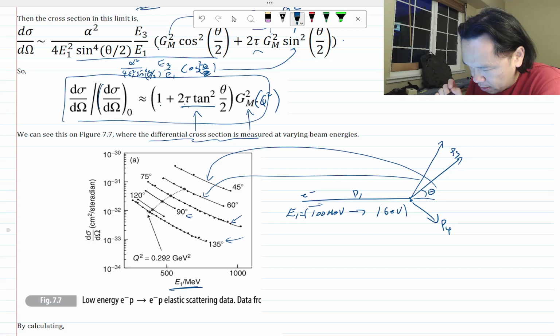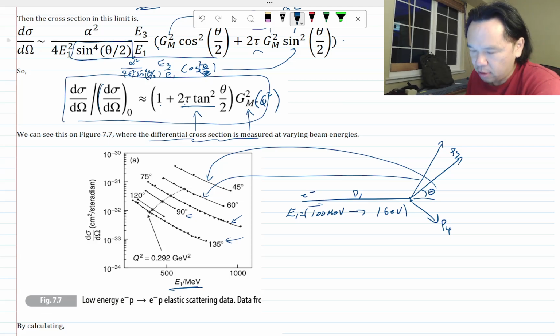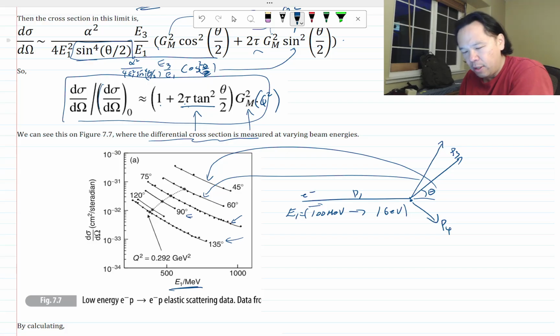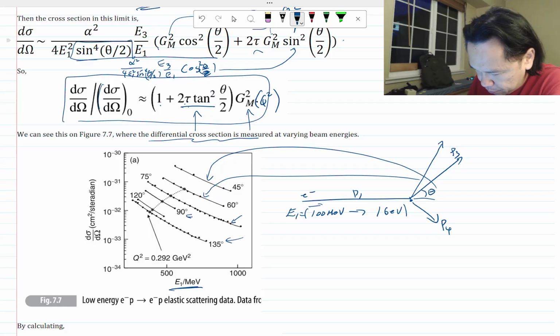Notice that no matter what, you are going to get a smaller and smaller cross section, and that's because of this 1 over sine to the 4th power. When you get to a larger scattering angle, that basically takes you to 0.